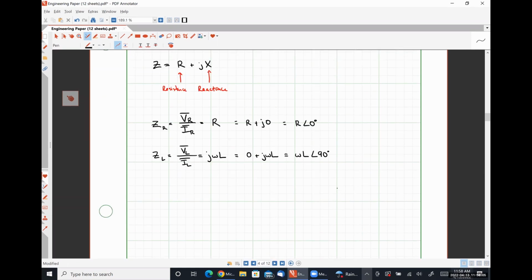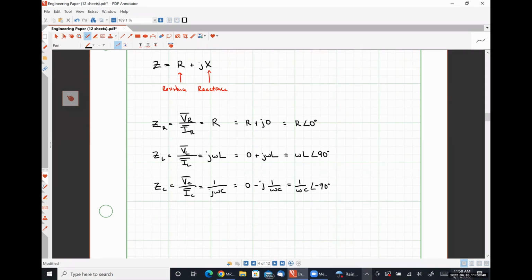Excuse me, that went too far. For a capacitor, the ratio of phasor voltage VC to phasor current IC is 1 over j omega C, which can be expressed in rectangular form as 0 minus j times 1 over omega C, or 1 over omega C with an angle of negative 90 degrees.